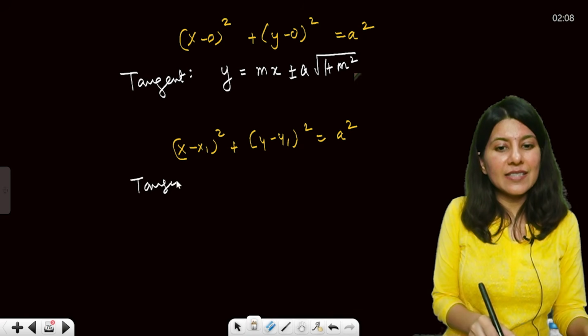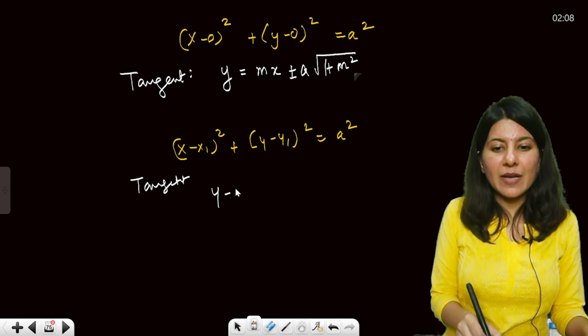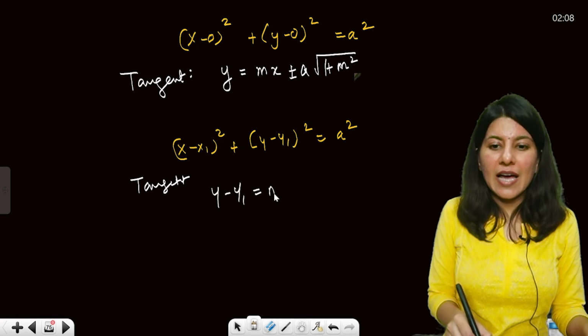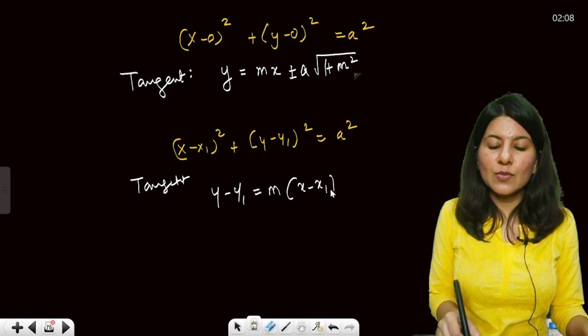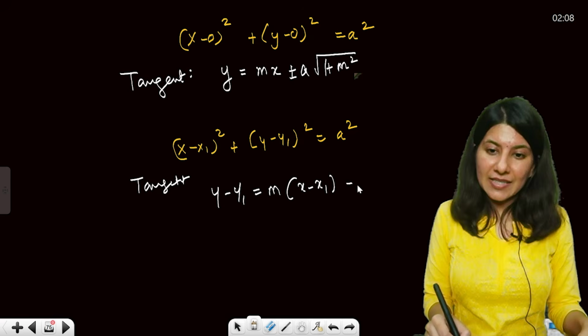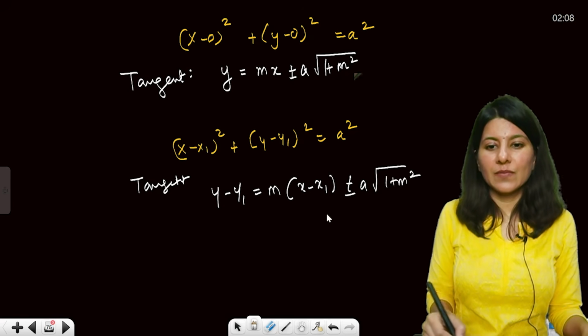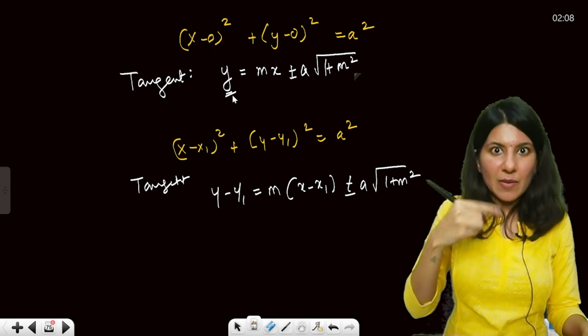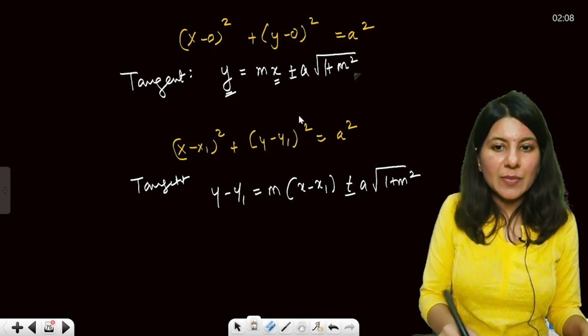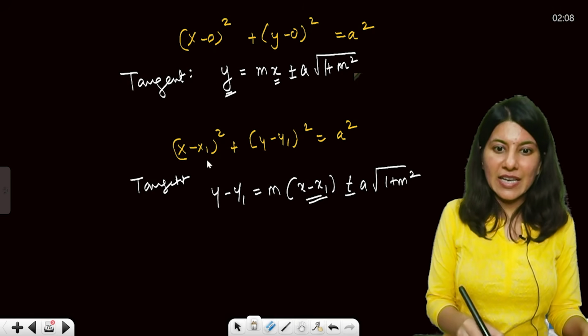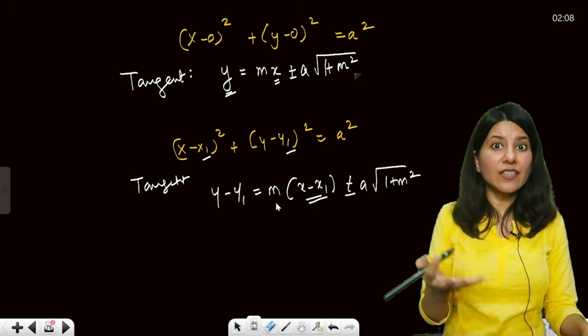In this case, you just have to replace y by y minus y1 and x by x minus x1, and the rest of the things will be the same. So y will be replaced by y minus y1, x will be replaced by x minus x1, where x1 and y1 are the center of the circle.